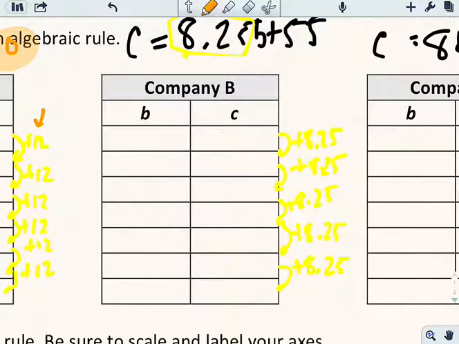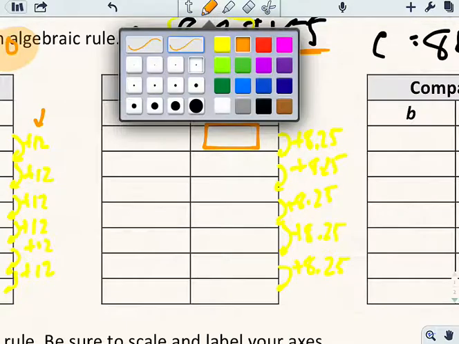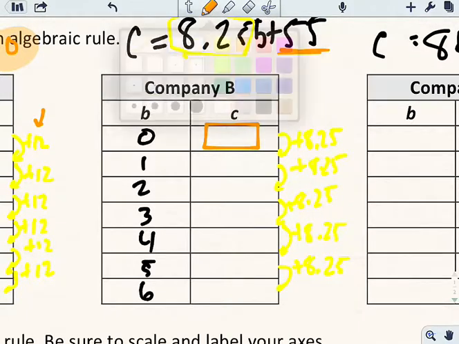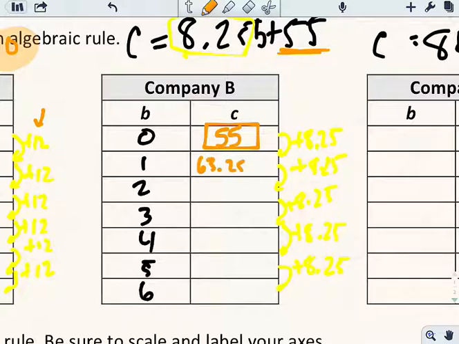Okay, and I know that my start value is going to be this guy right here. So now it's just a matter of putting the numbers in. Okay, so that start value is going to be 55, and I'm going to add 8.25 each time. So 55 plus 8.25 is 63.25.